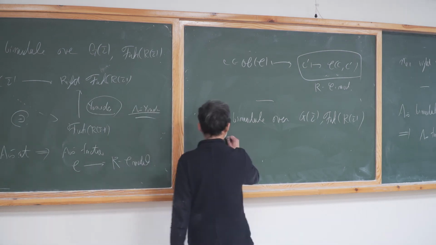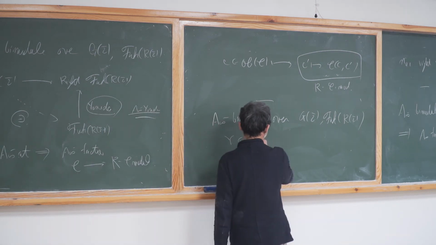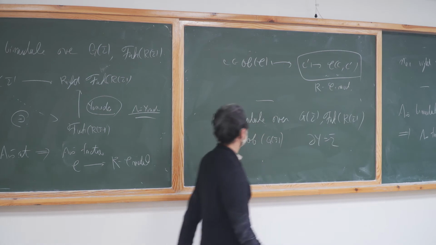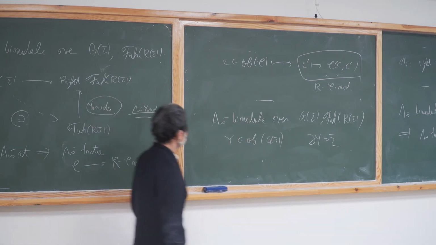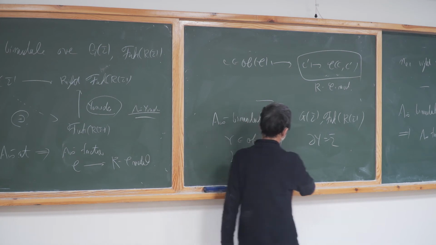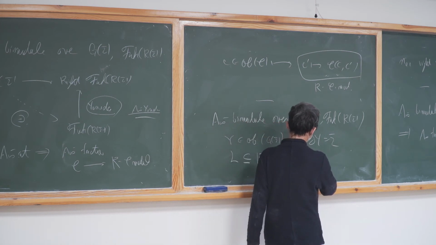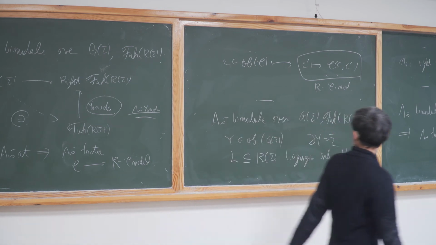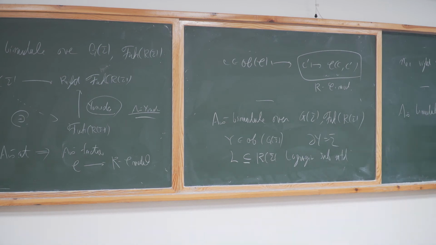First of all, Y is an object of G sigma. This is a three-manifold whose boundary is sigma. And then we need these Lagrangians. This is a Lagrangian submanifold.